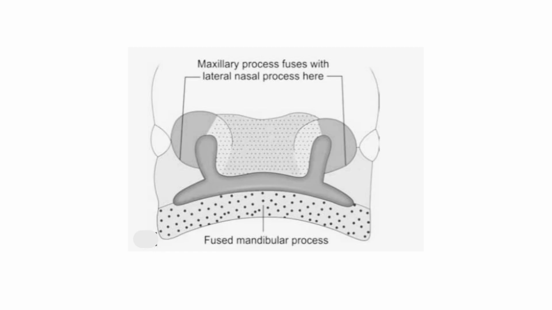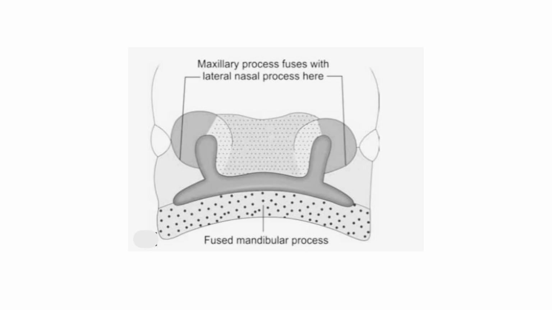Now what happens with the maxillary process? The maxillary process had also started growing medially, but instead of fusing in the midline, it ended up fusing with the lateral nasal processes. Now these lateral nasal processes start to come close to each other.